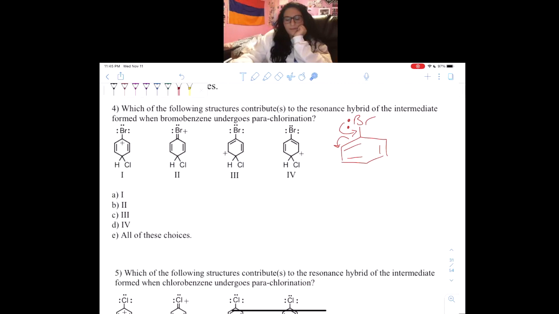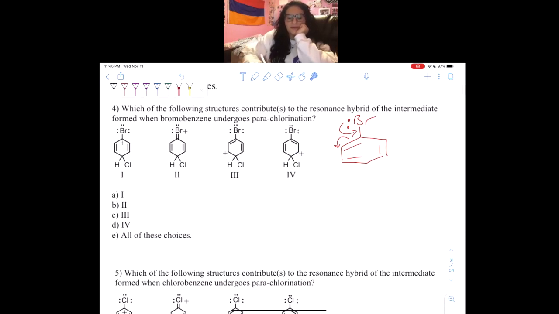So we know that when we do resonance, all of these are possible structures for the chlorination of bromobenzene. We know that because once it becomes chlorinated, we will have a plus charge on either of the meta positions.